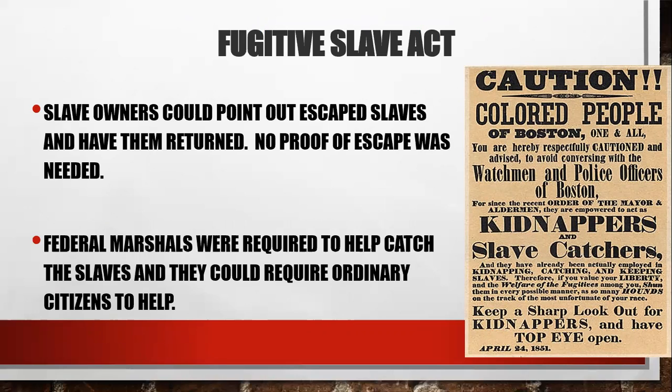The messed up part was you didn't need proof. So you could basically just go up to Chicago, for example, look at a random African American person and say that person is actually a slave that ran away from me. And you could theoretically get a slave for free in that way.